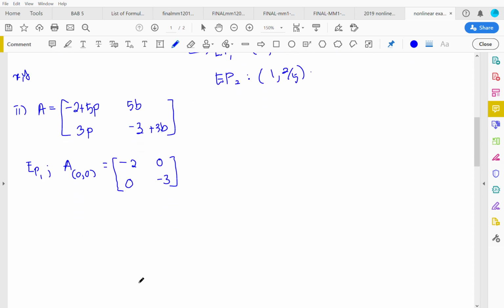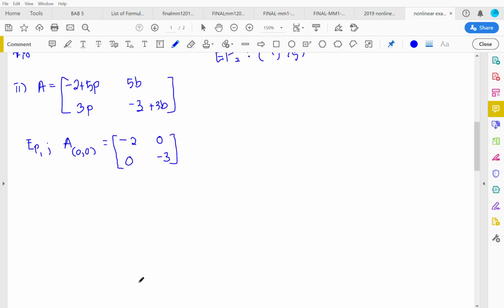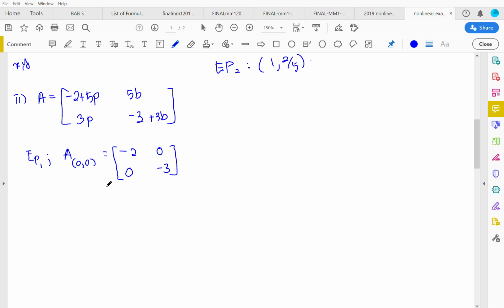Next, we can find the determinant of A minus lambda I equal to 0. From this matrix, we have the determinant of minus 2 minus lambda here, 0 here, 0 here, minus 3 minus lambda, equals 0.